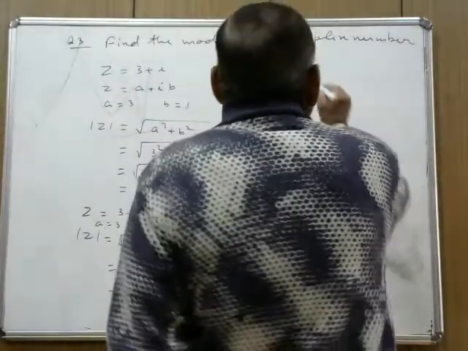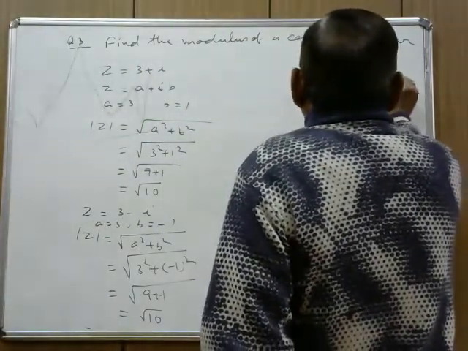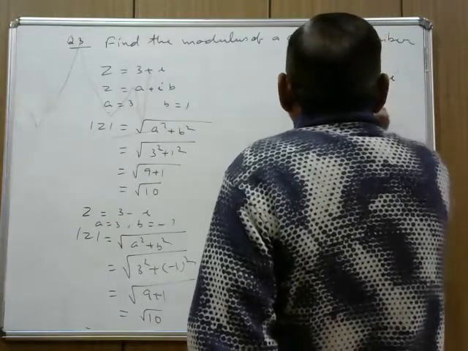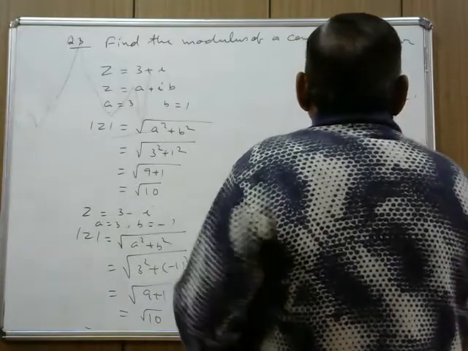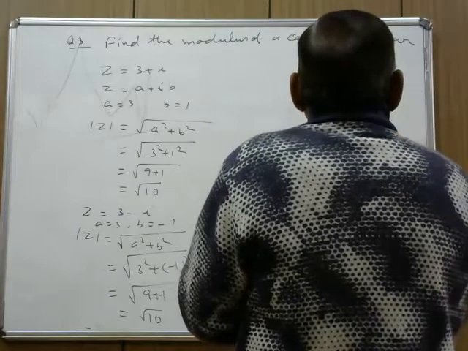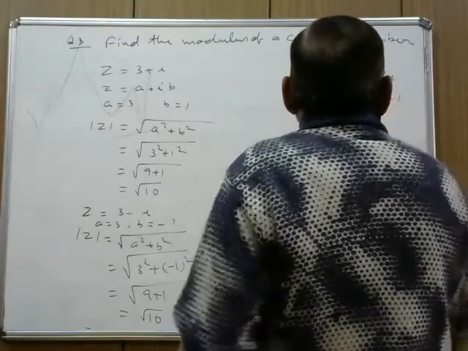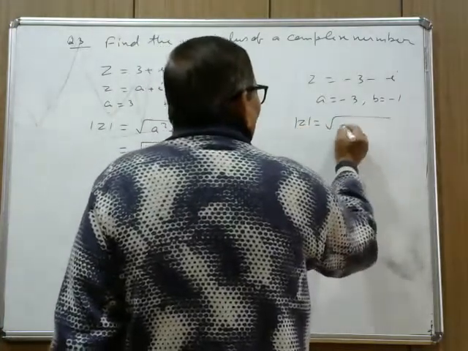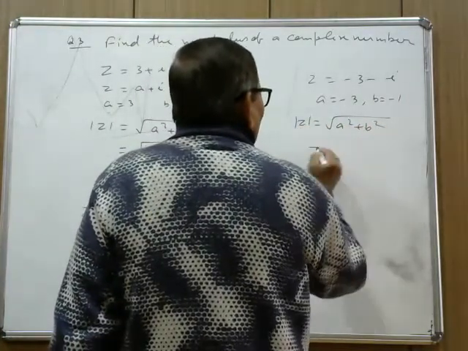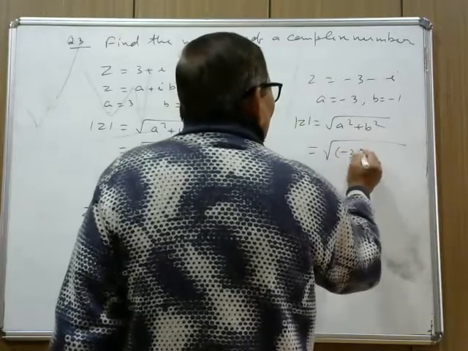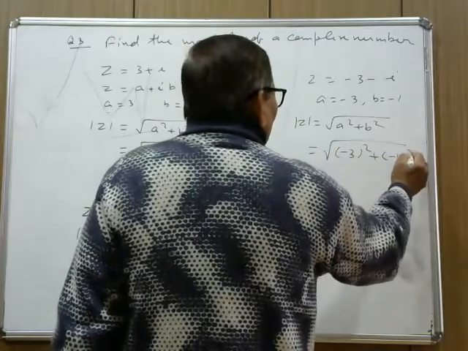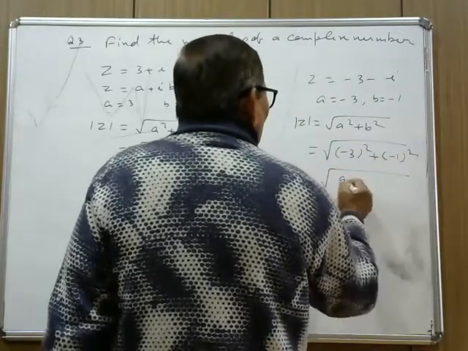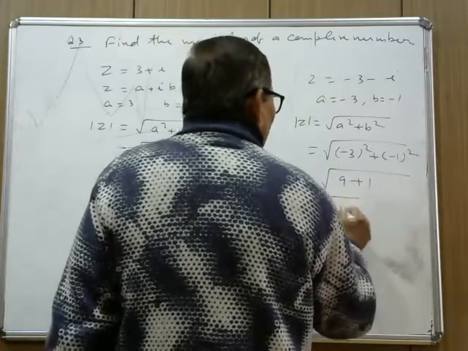Again, for z equal to minus 3 minus i, a is minus 3, b is minus 1, and mod z is equal to under root minus 3 square plus minus 1 square, that is under root 9 plus 1, again under root 10.